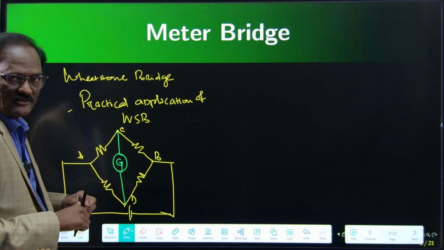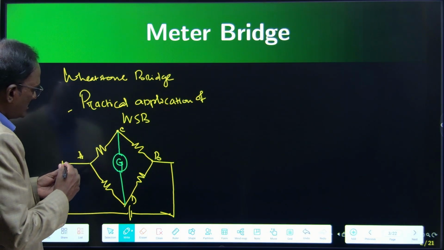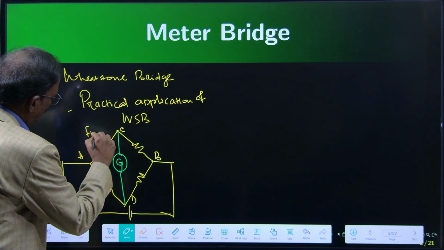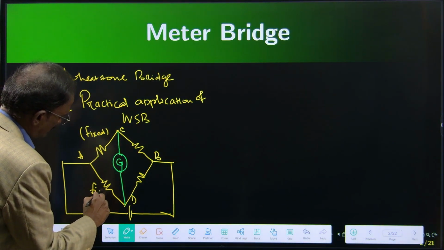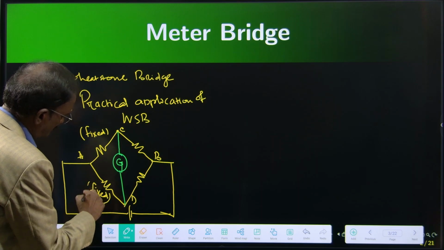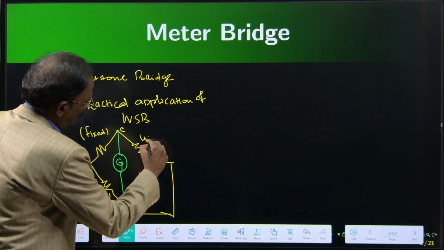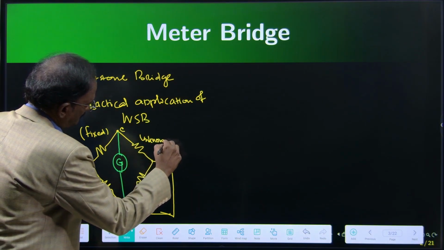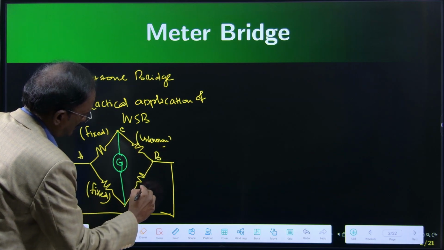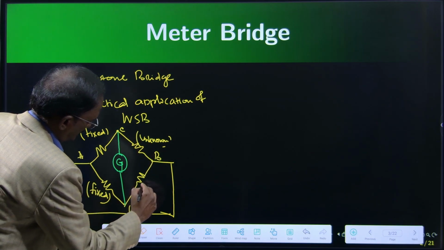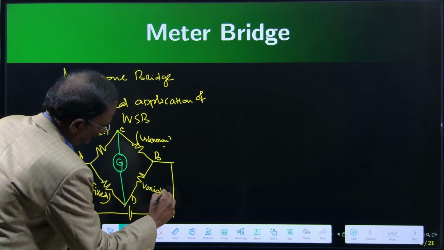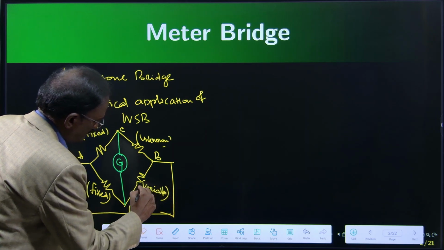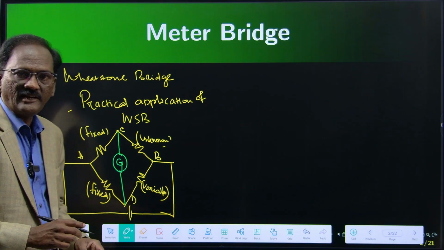So 4 resistors we will use. 2 resistors are having fixed value. This is fixed. This is also fixed. This may be unknown value. And this is not fixed, variable value. This resistor is variable, right?